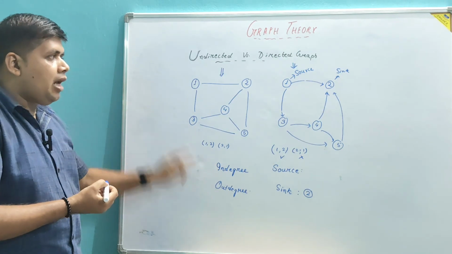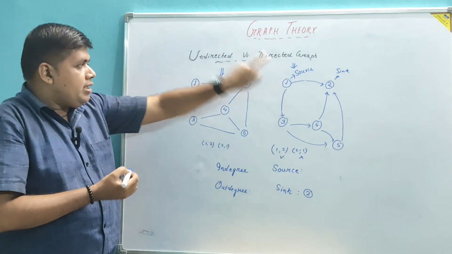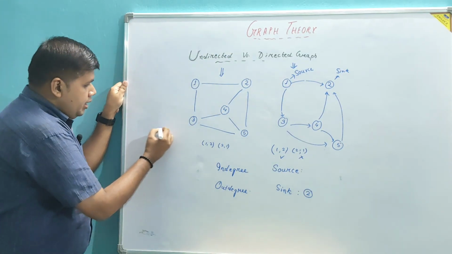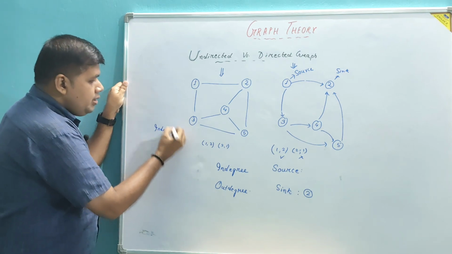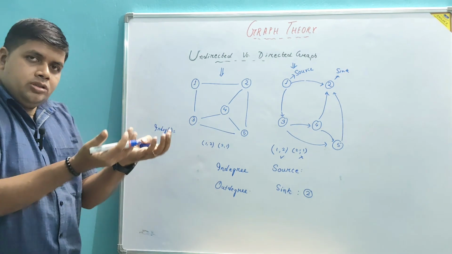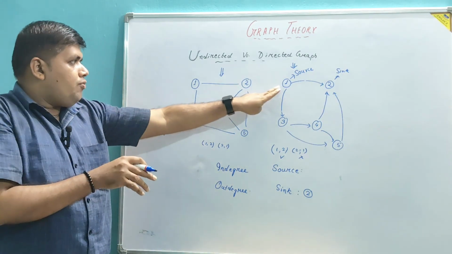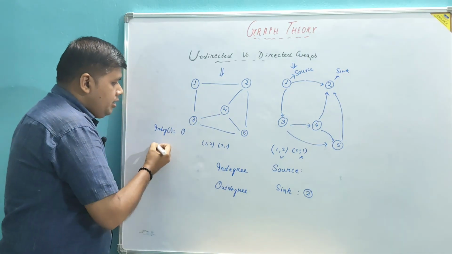Now what is in degree and out degree? If you observe for the node 1, the in degree for node 1 is how many nodes have edges that are coming to 1. For 1 there is no such edge, so its in degree is 0.